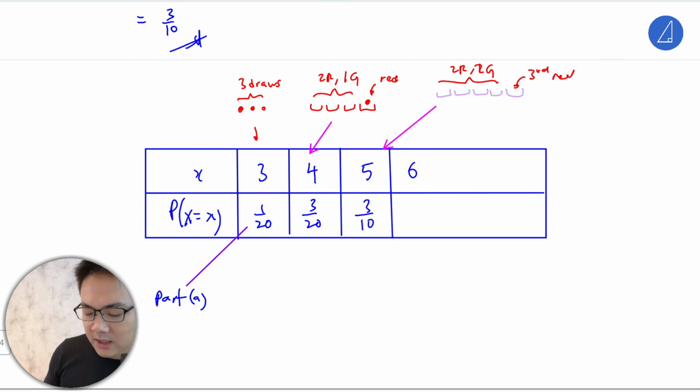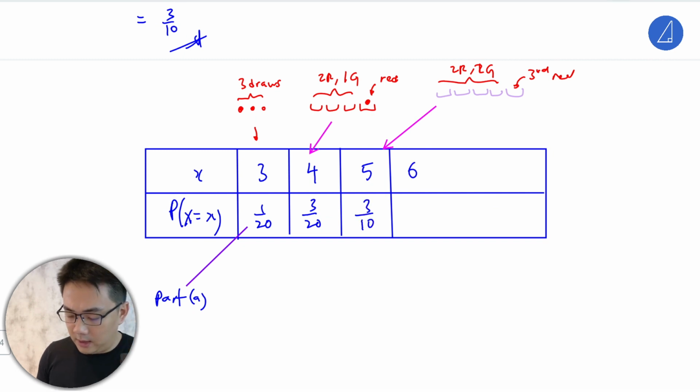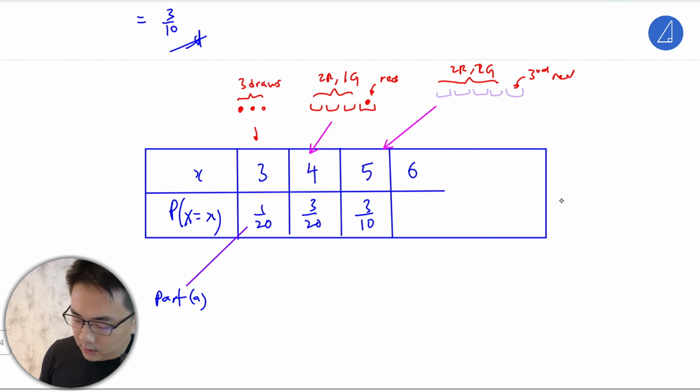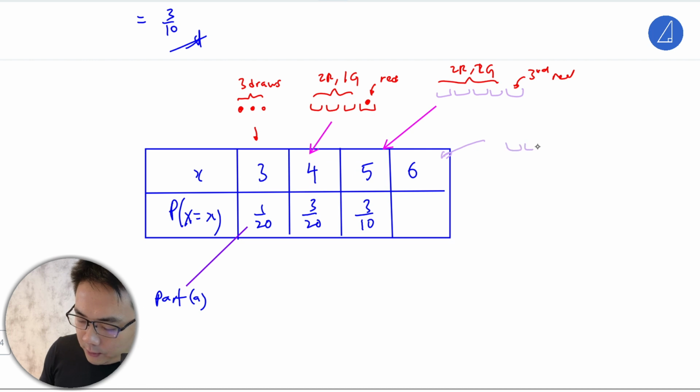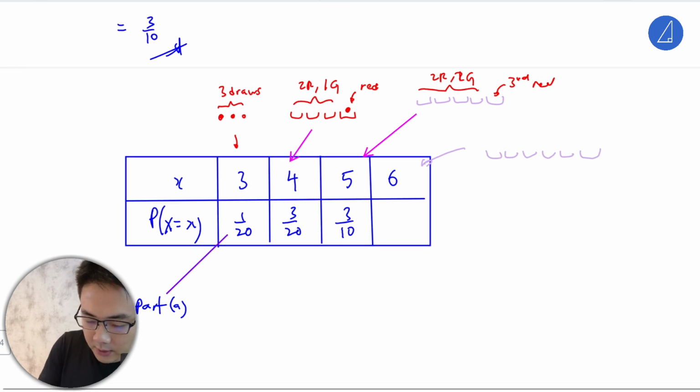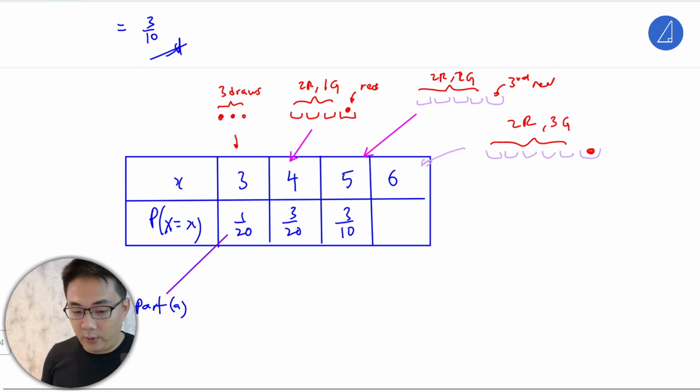I think the last one is when you exhaust the sixth draw, which means you exhaust everything. You have 6 draws, and the sixth would be the third red, so you have 2 red in the first 5 and 3 green.